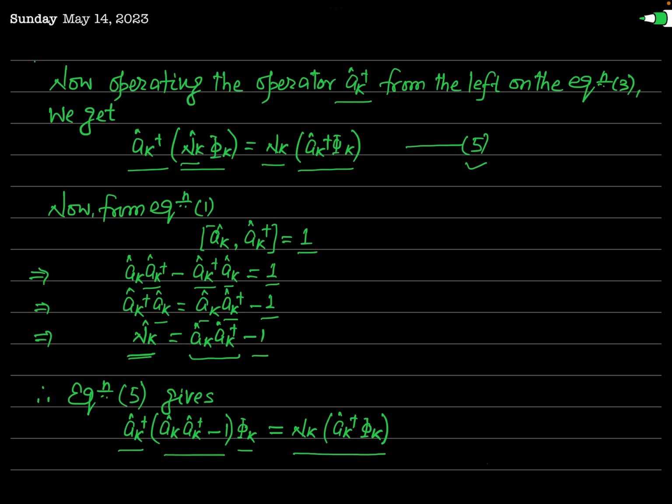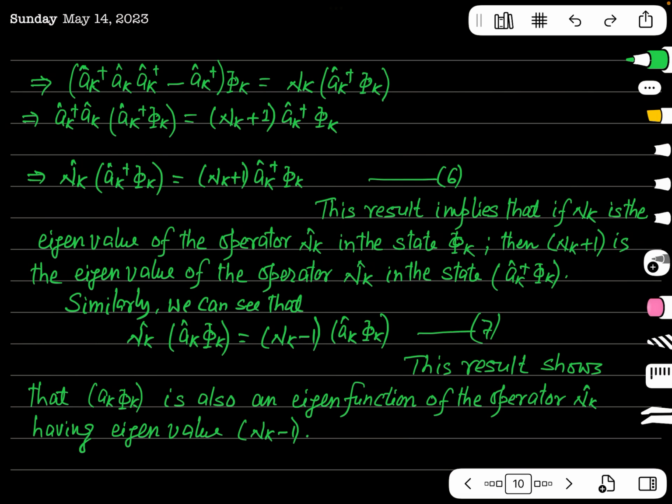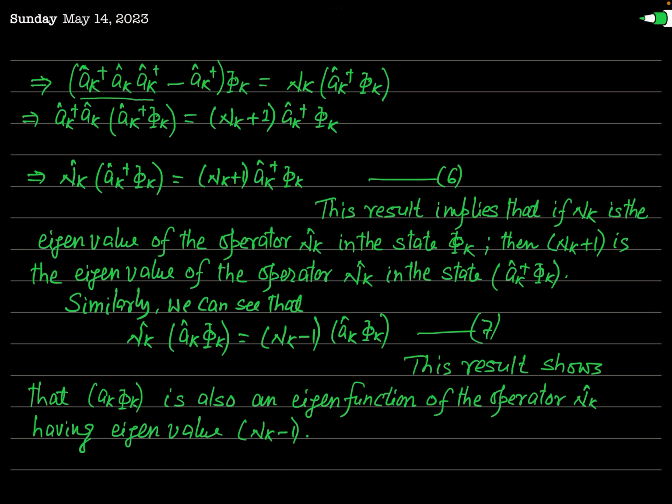Now we will simplify the LHS of this equation. The LHS will be ak dagger ak ak dagger phi k minus ak dagger phi k, equal to nk ak dagger phi k on the RHS.